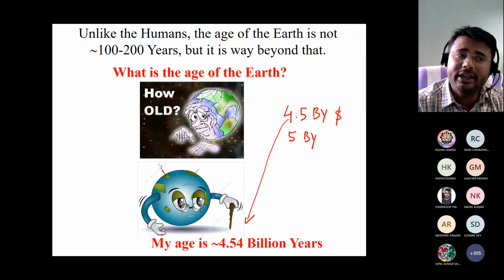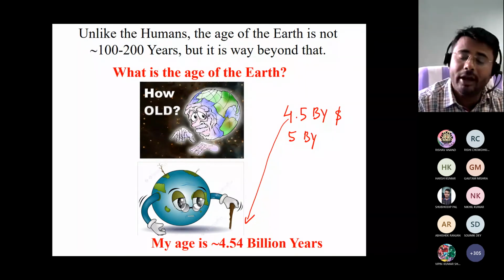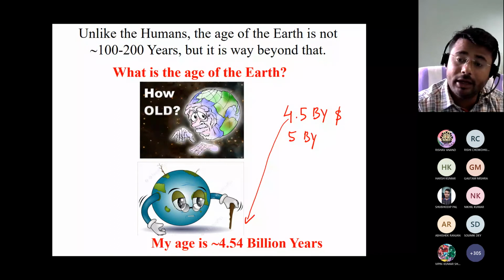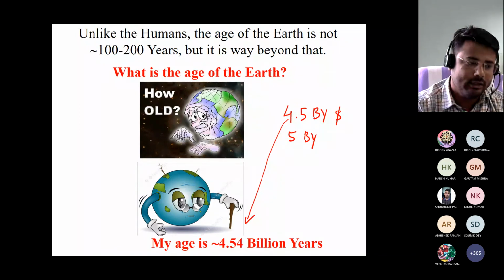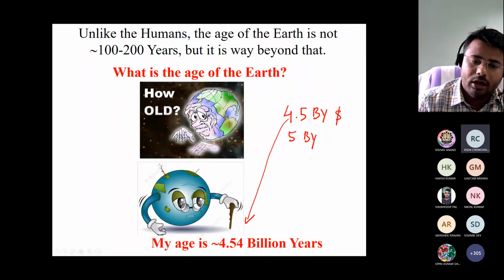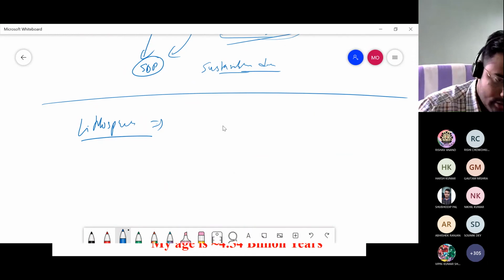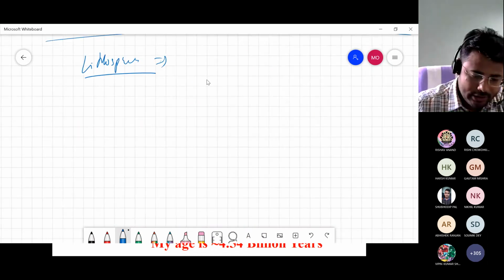So do you have any idea how this particular 4.5 billion years, the age of the earth, is being calculated?